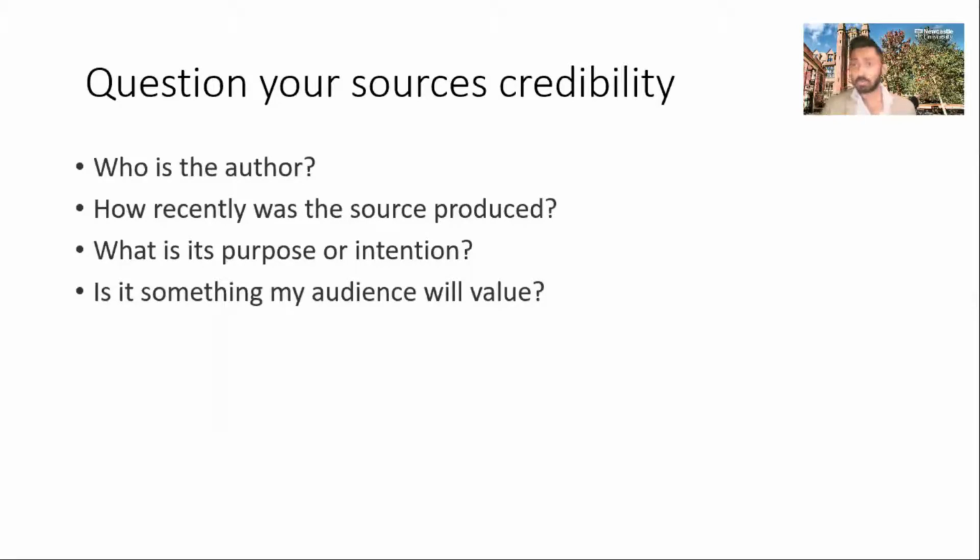Yes, you can do cross-discipline research and use those resources, but sometimes if you're in business school and if you're referencing something from medical school, you need to really think about it. You need to find out, is this really relevant for my work or not? So always question the credibility and always question, is it really valid for my audience?